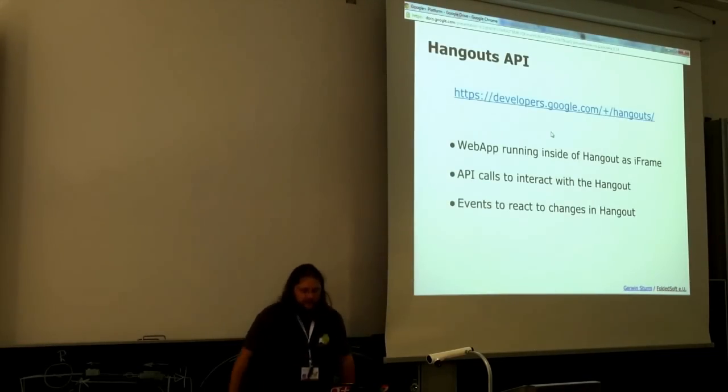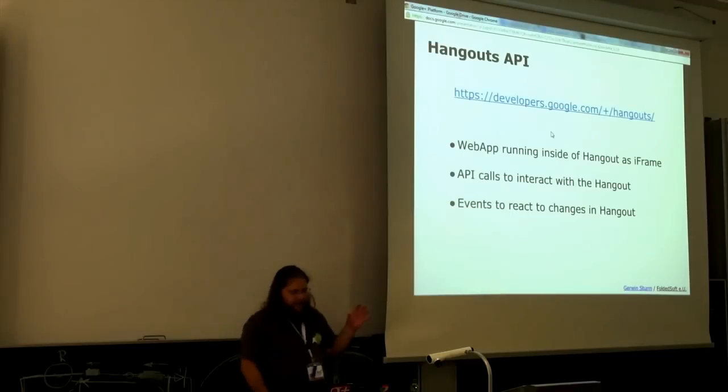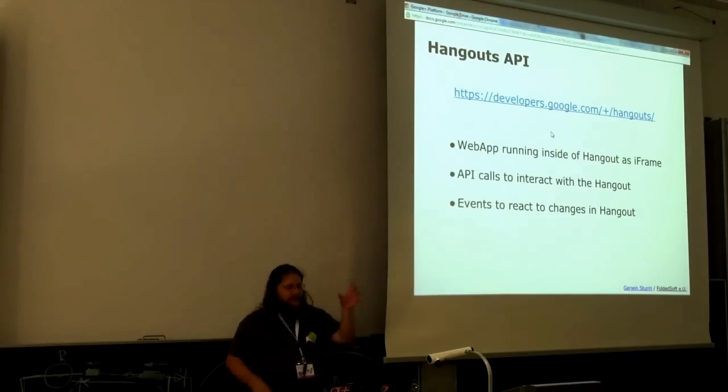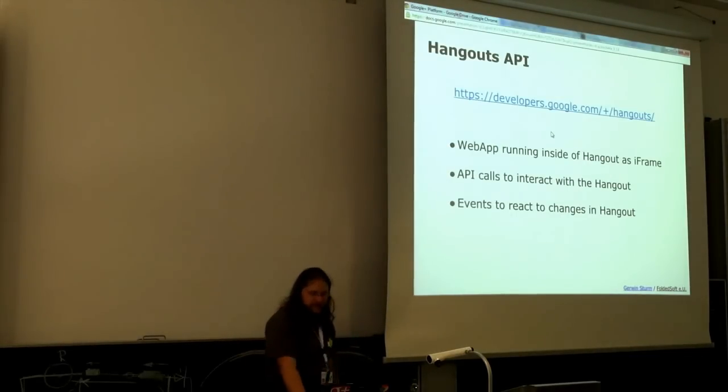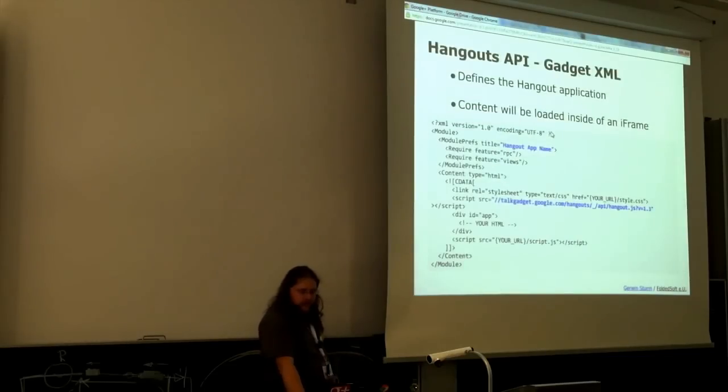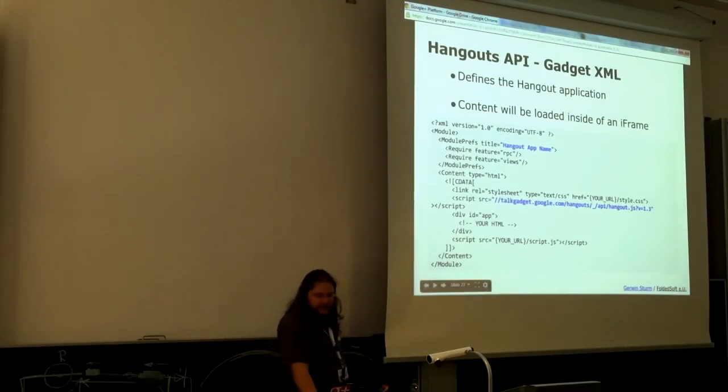A Hangouts app is, as I said, a web application running inside of an iframe, and you have APIs to communicate with the Hangouts in and out and have events if people leave and change. If you define a Hangouts app, you define it as an XML where you have your CSS, your JavaScript, your HTML, and the Hangouts JavaScript API.